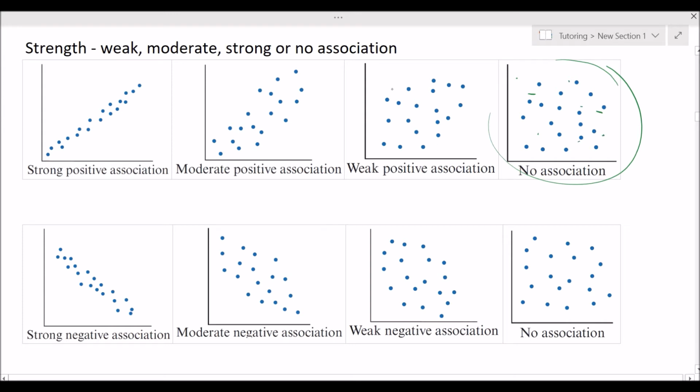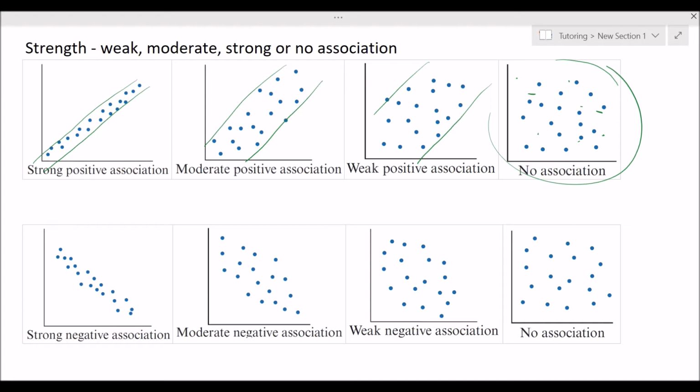Okay, whereas in weak correlation, you can kind of see that this corner up here is empty, this corner down here is empty, so you can kind of see that there is somewhat of a line happening here, but those dots are very far apart. Okay. In a moderate relationship, they're a bit closer together again. And then in strong, you can see there's a nice tight positive line happening there. Okay, so that's strength.